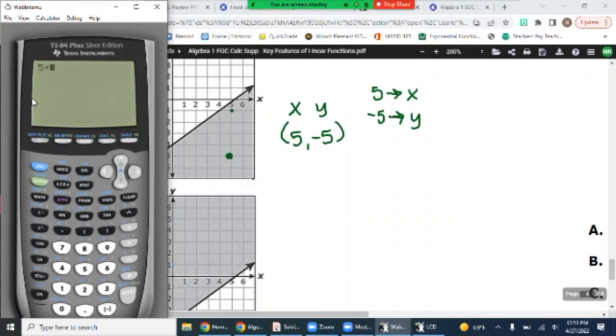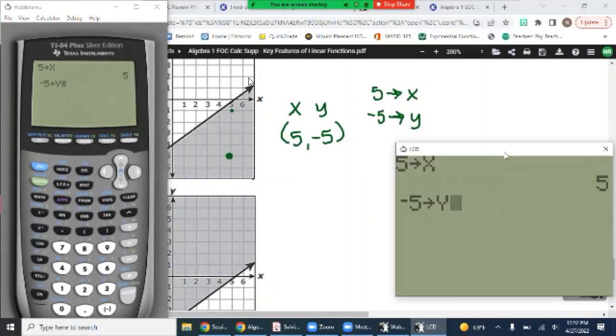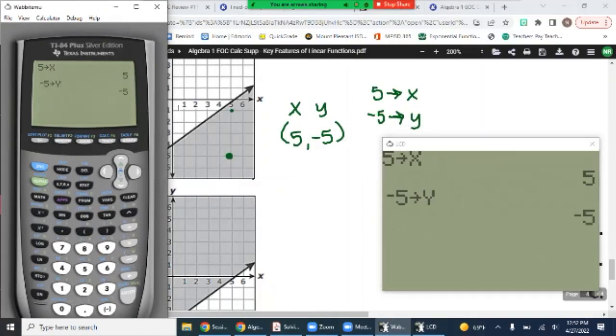So 5 store X. Those of you that haven't practiced that, look right above the 1 and you'll see a little green Y. That's your Y. So -5 store, since it's green, alpha 1. Push enter.